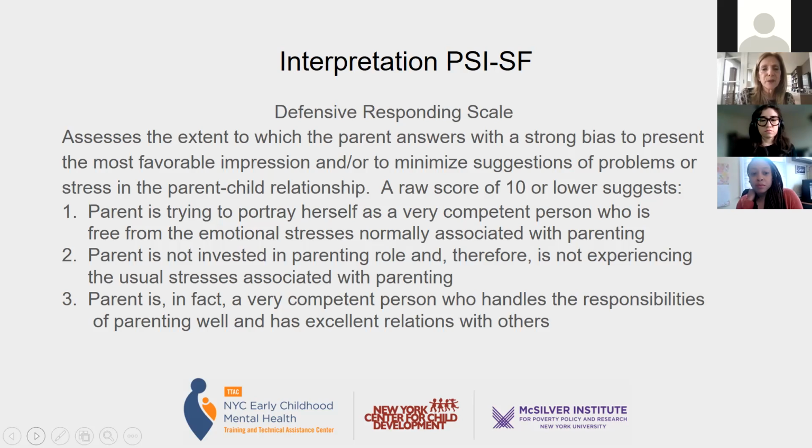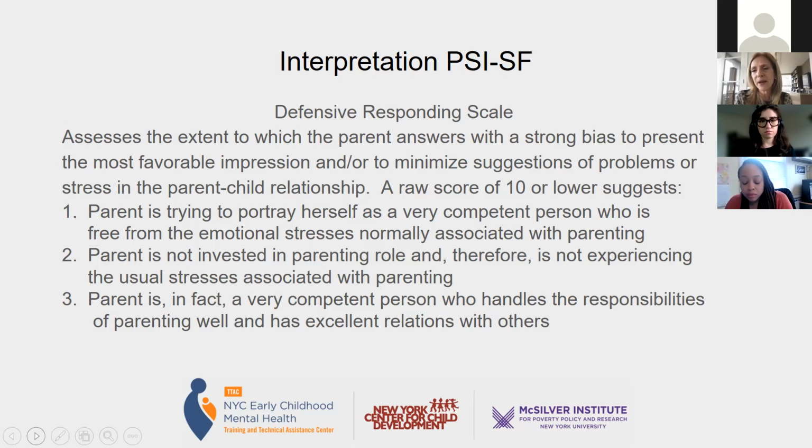So they say that a raw score of 10 or lower on this subscale suggests that either the parent is intentionally trying to portray him or herself as a very competent person who's free from the emotional stresses associated with parenting, or that the parent is not invested enough in their parenting role, so is not experiencing stress.